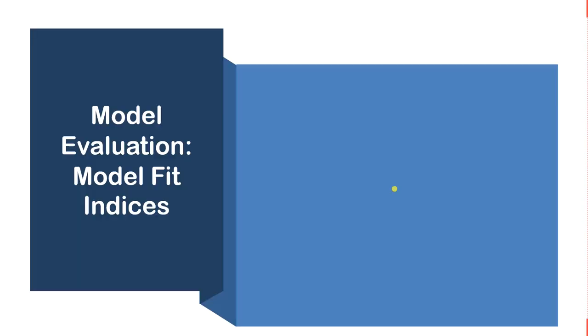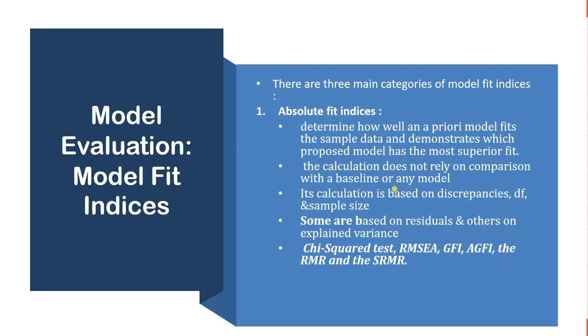And then to finally decide whether the model is overall globally fit or not, we use different model fit indices. And these model fit indices can be categorized into three classes. The first one is called absolute fit indices.